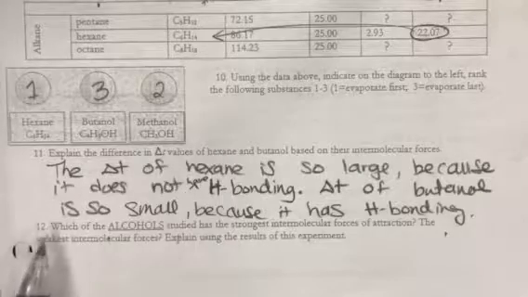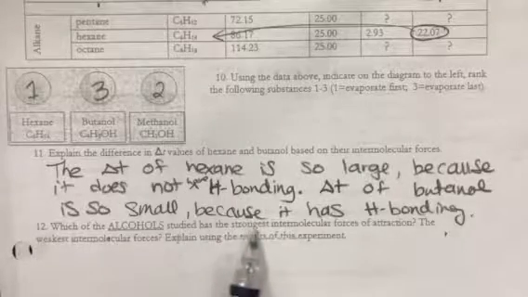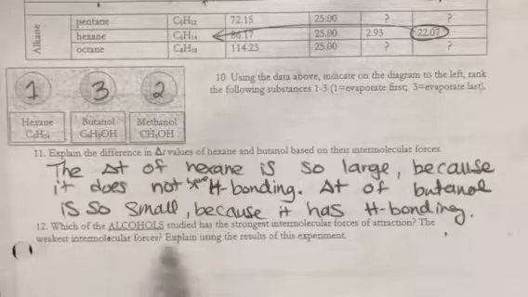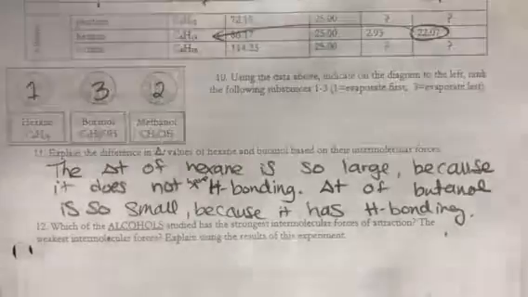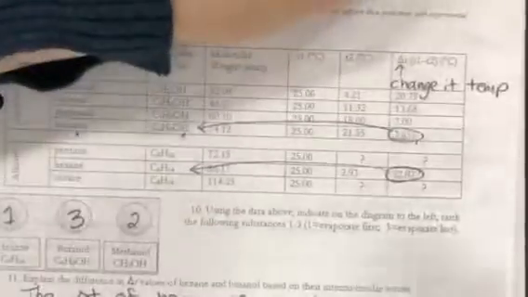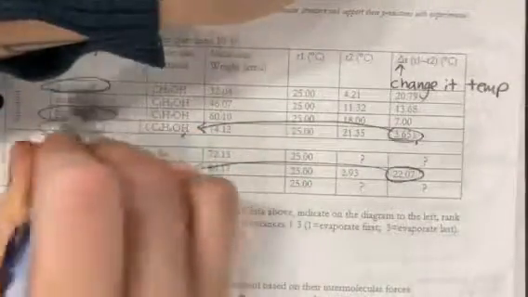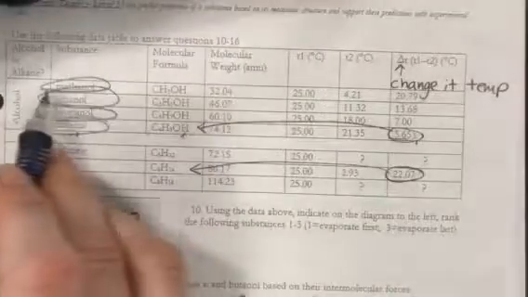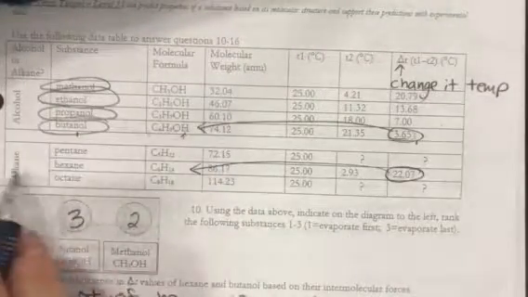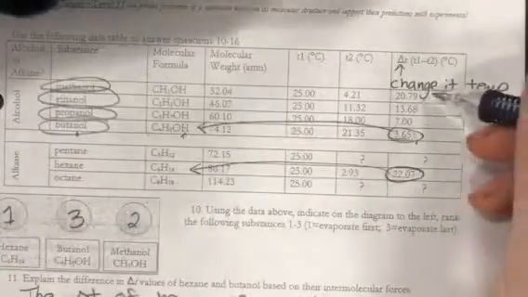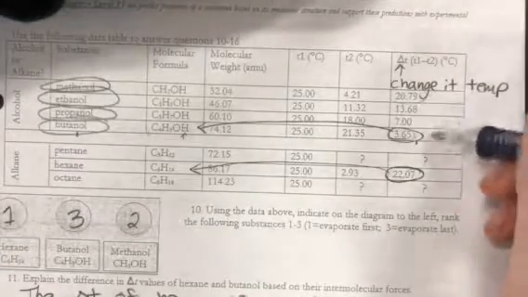All right, so number 12 says, which of the alcohols studied has the strongest intermolecular forces of attraction, and which has the weakest, and explain using the results of the experiment. Again, we're looking at the change in temperature up here. We've got methanol, butanol, propanol, and ethanol. Those are all of our alcohols. We're not looking at alkanes right now. So we've got these 4 alcohols, which means we need to look at our change in temperature.